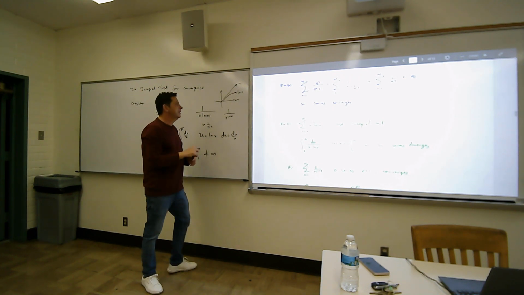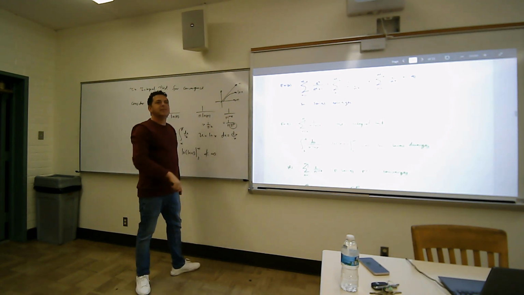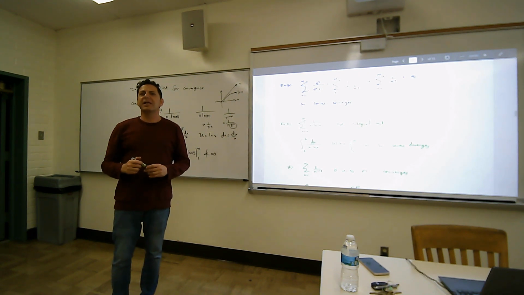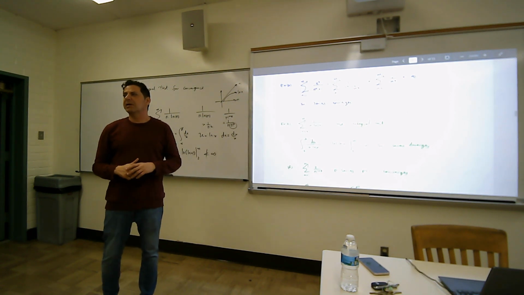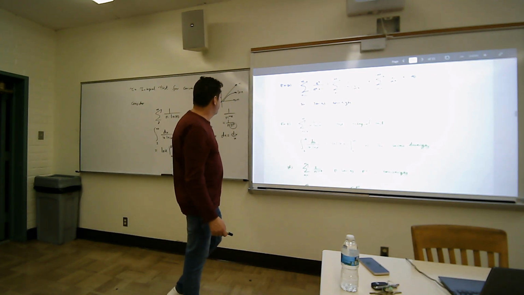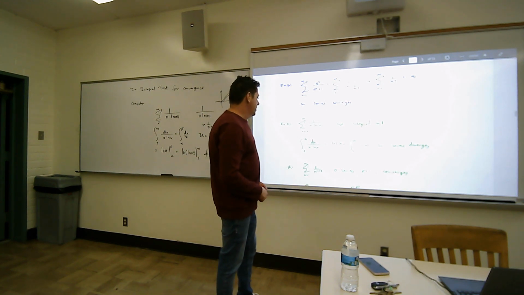Not good enough. 1 over n to the 1 plus epsilon is like 1 over n, and then n to the epsilon, and that beats out the ln of n. It's like an in-between kind of scenario. So I said it's a classic example, and a perfect use for the integral test. Okay.